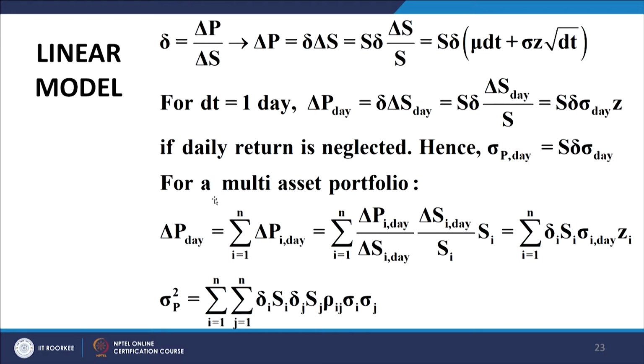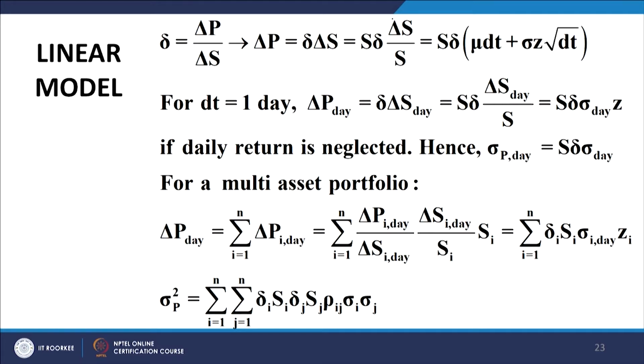There are too many deltas floating around, so please note the notation. So, change in price of the derivative upon change in price of the underlying asset. Therefore, I can write change in price of the derivative as small delta into capital delta of S. I can write this as this whole expression multiplying and dividing by S. Delta remains as it is, S is multiplied, S is divided, delta S remains as it is.